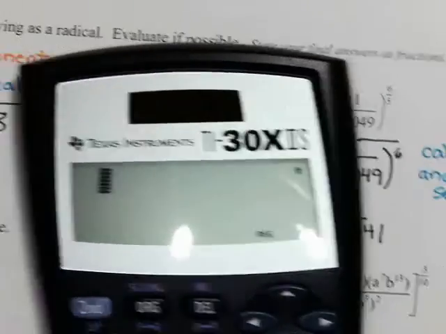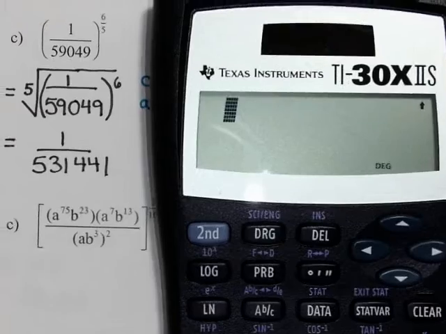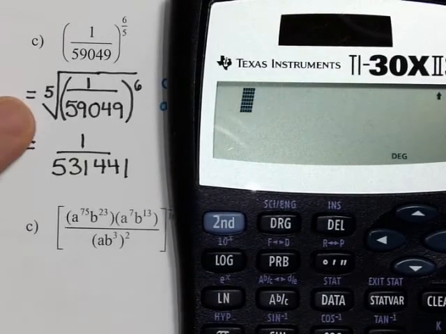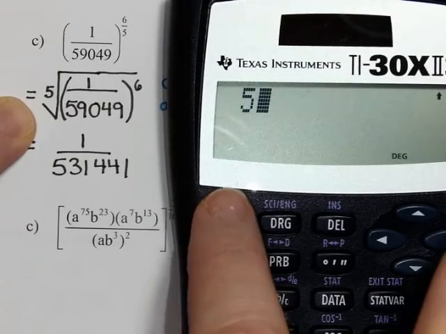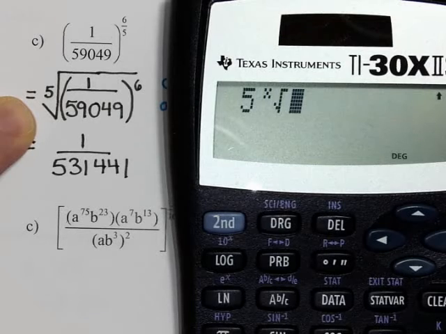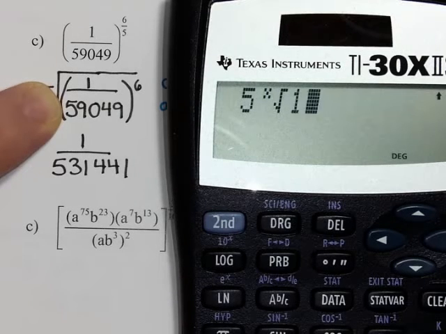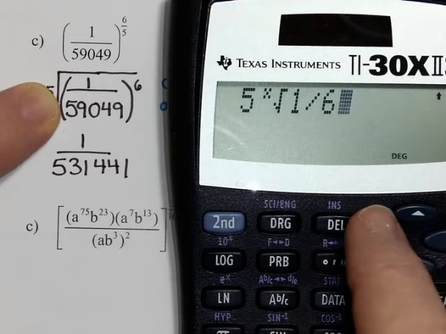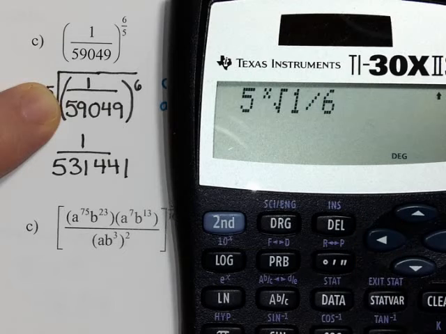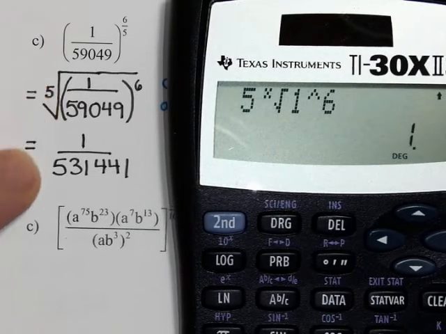If I tried on my other calculator, I would do the same thing. I would do the 2 parts separately. I would do the 5th root, so 5, second exponent, and then 1 to the power of 6. And I got 1.